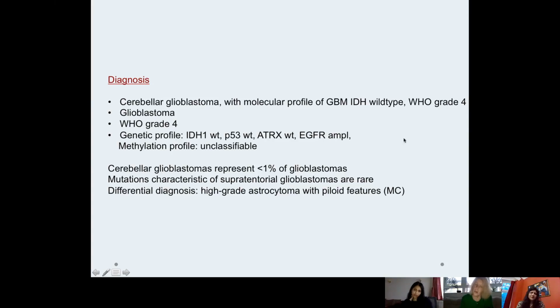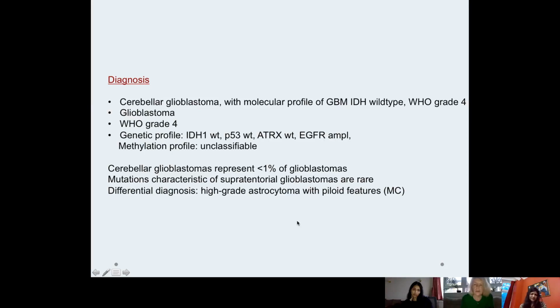This is quite a rare tumor. Remember, glioblastomas in the cerebellum represent less than 1% of all glioblastomas, and are often difficult to diagnose also because they rarely carry the typical mutations of the supratentorial glioblastomas. So this was a surprise, to find that this one actually contained the EGFR amplification.